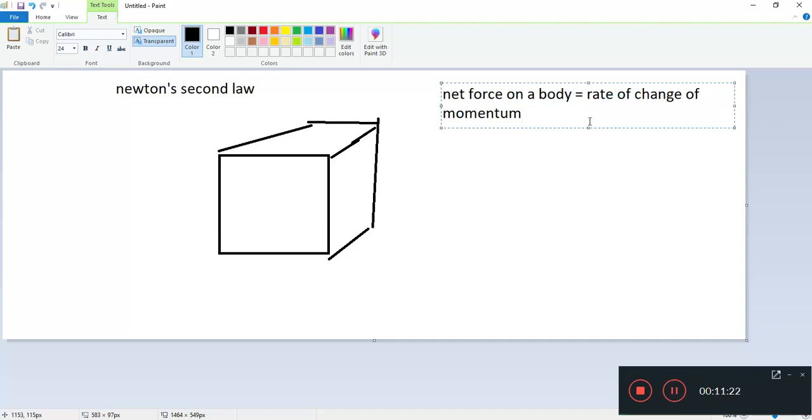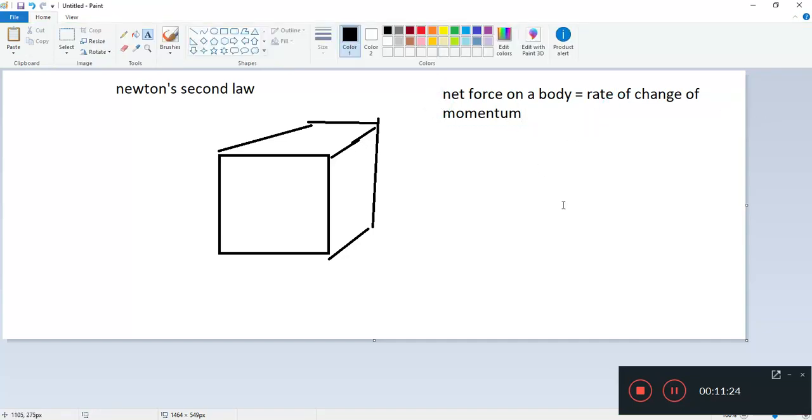This is all Newton's second law is saying. Alright, so we want to find two parts. One is this net force on the body, and the other part is the momentum change within this box. Of course, this box is actually staying still. However, there are flows going in and out. So we'll need to take note of that when we consider the change of momentum.